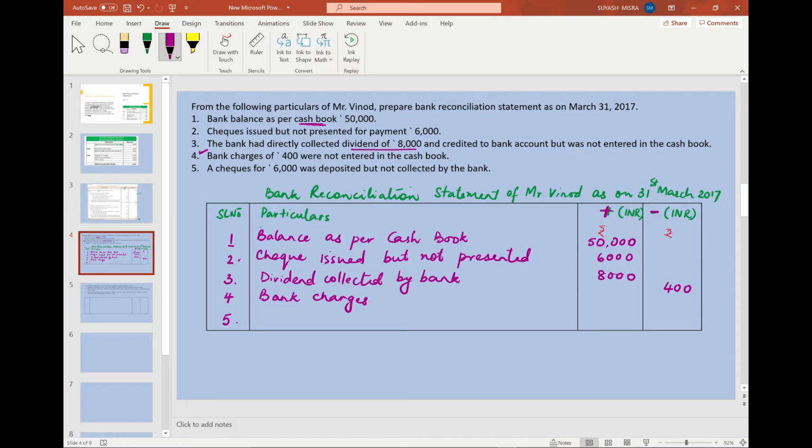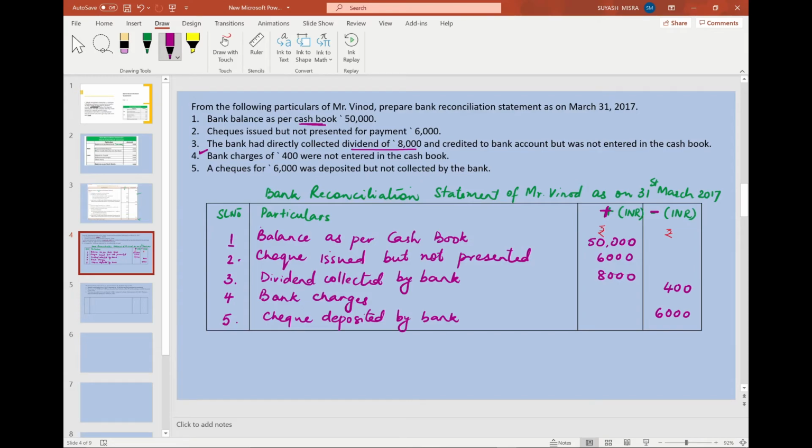I have to reduce it to be at par with the bank statement. So here I'm going to reduce it. I will say check deposited by bank. So it's 6,000. Now the entries are over.